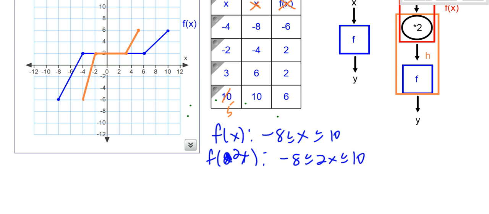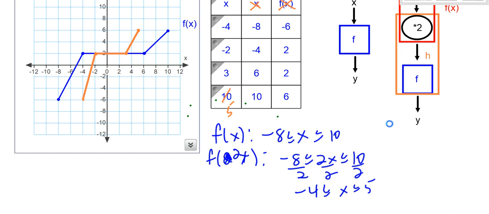And if I solve that, I need to divide everything by 2, which tells me that -4 and 5 are the bounds on x, not -8 and 10. It got narrower, it didn't get wider, because 2x is what needed to be between -8 and 10, not x. I need to have room to double x before it gets put into the function f.